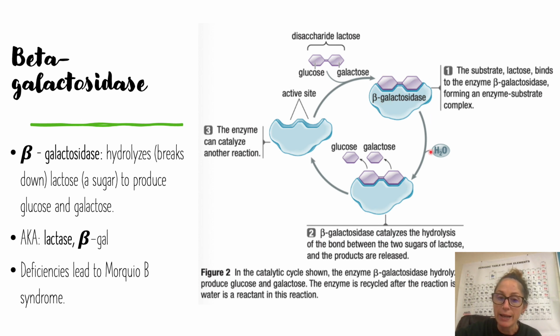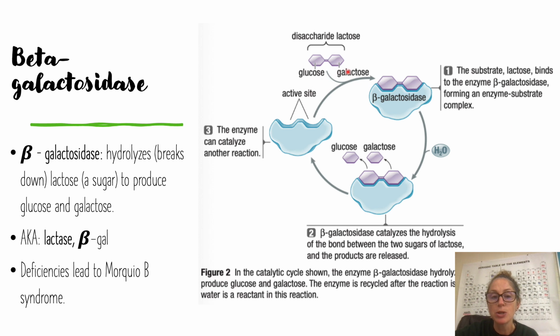Water is added, so this is a hydrolysis reaction. We did this in our model building lab, where water is added to break apart the lactose to produce glucose and galactose. So we see our products are being removed, and we're left with our empty enzyme with its open active site. And the same will continue again.